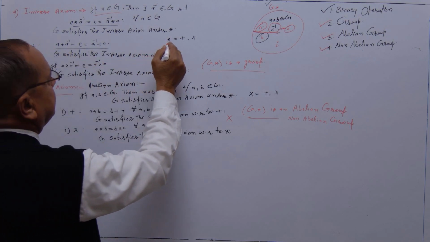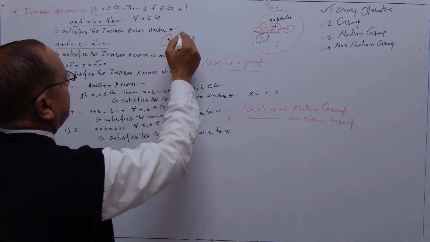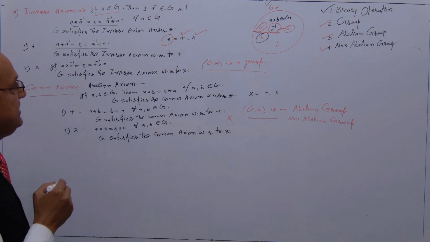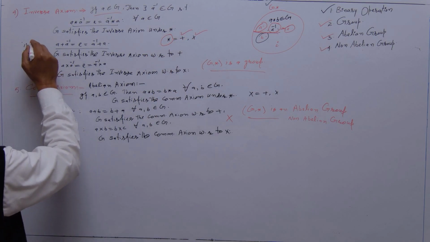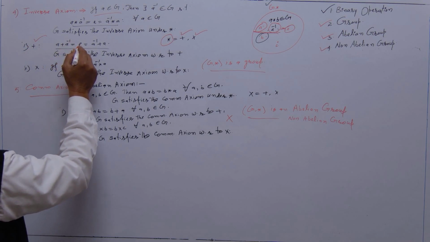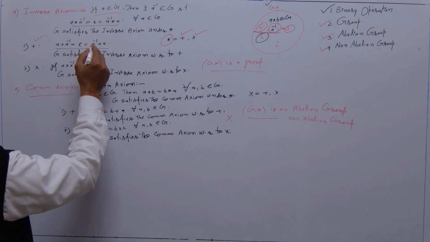And this operation star may be addition and it may be multiplication. In case of addition, A plus inverse of A is equal to 0, is equal to E.